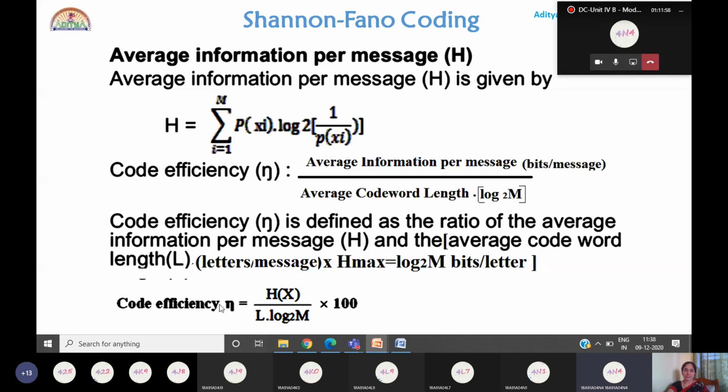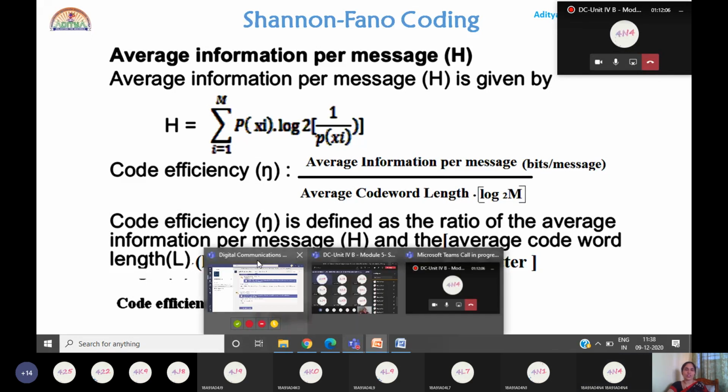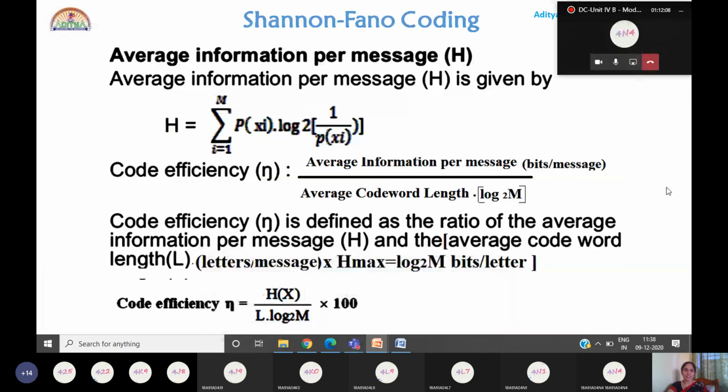So the expression for efficiency will be H of x by capital L, where the units of L are letters per message. This is the unit for average code word length because you are considering all the messages. Next, maximum entropy units are bits per letter, and information per message will be bits per message. Okay, accordingly you can see the units in this slide. Next.